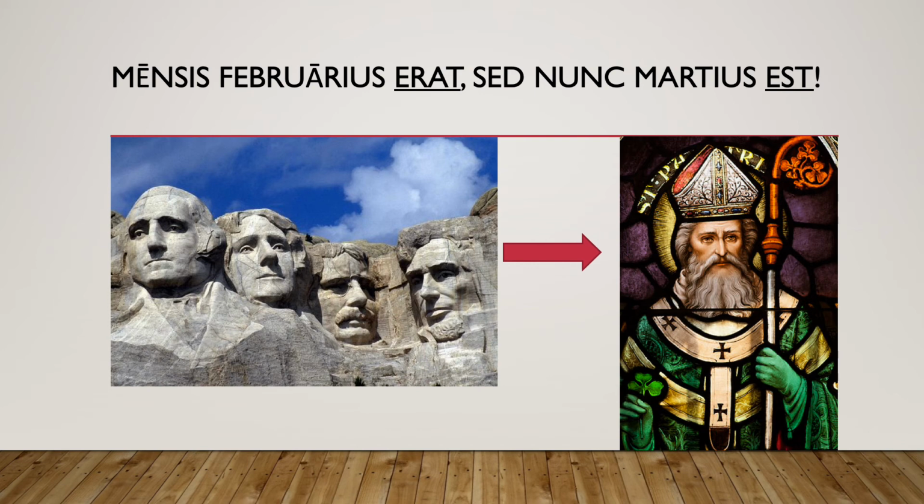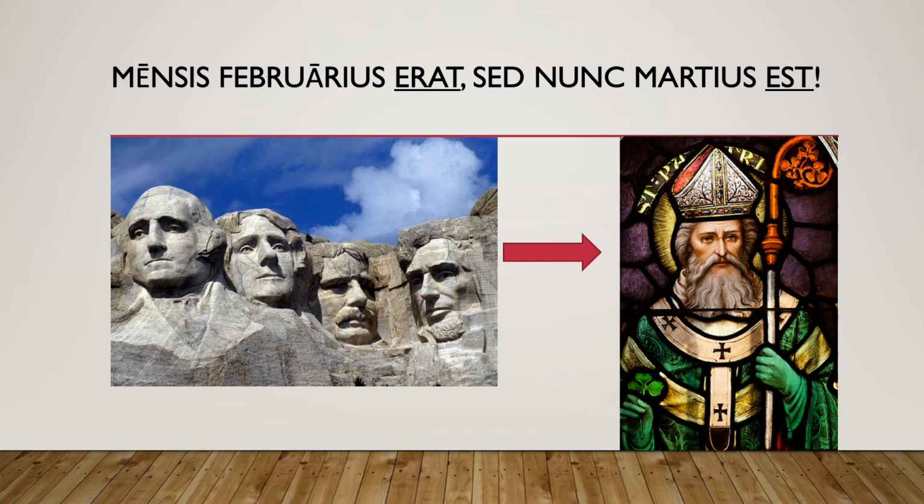But erat is in what we call the preterite tense, tempus praeteritum, also known as the imperfect, tempus praeteritum imperfectum, whereas est is in the present tense, tempus praesens. The tempus praeteritum imperfectum is our first past tense that we're learning.